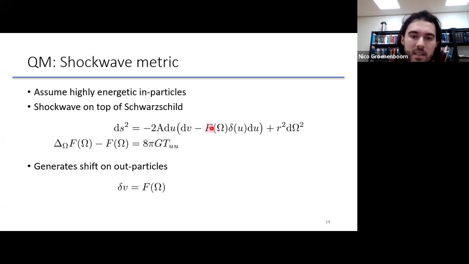And there it generates a singular metric where the function, the prefactor f of omega, can be found by plugging the metric into Einstein's equations. So you have a differential equation with on the right-hand side the stress energy tensor of the in particles. And the effect of this shock wave on the out particles is that it generates a shift in their position that is proportional exactly to this prefactor in the metric.